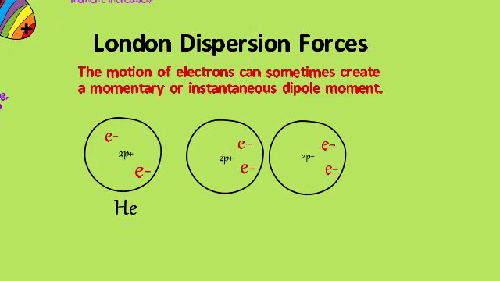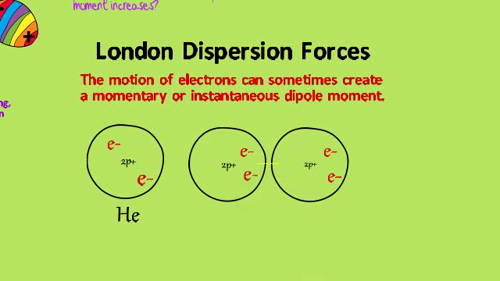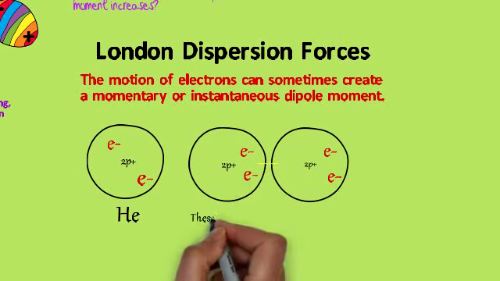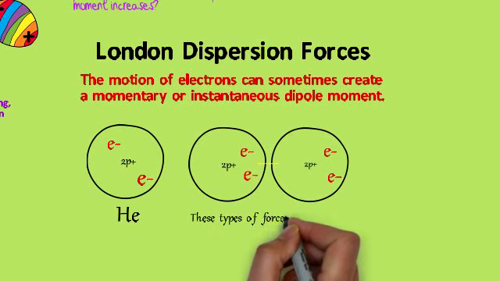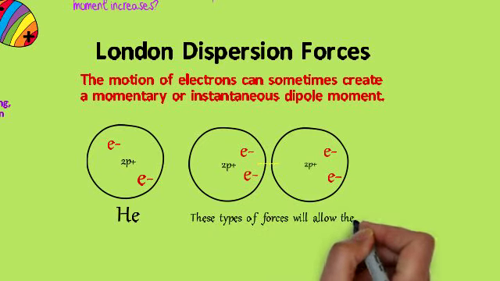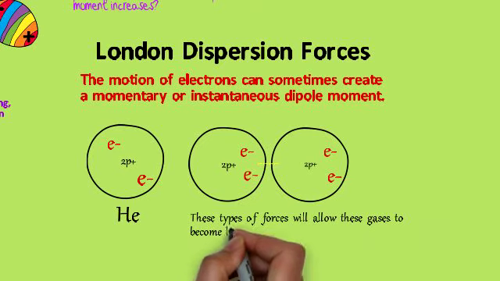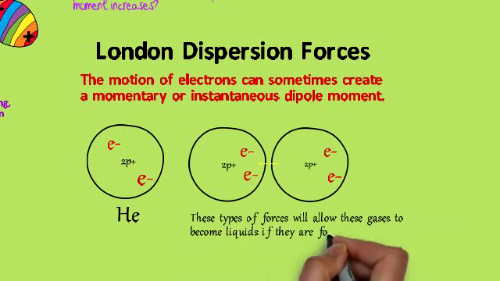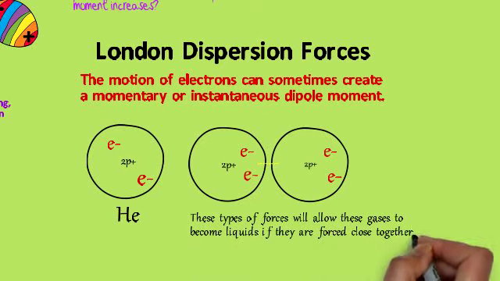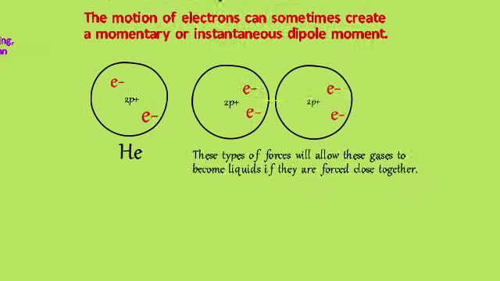And you can see that the nucleus of one will be attracted to the electron cloud of the other, and you get a momentary attraction, a bond of sorts. These will allow gases to become liquids if they are forced close together. You can get a whole chain reaction.